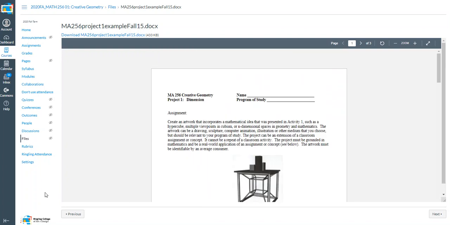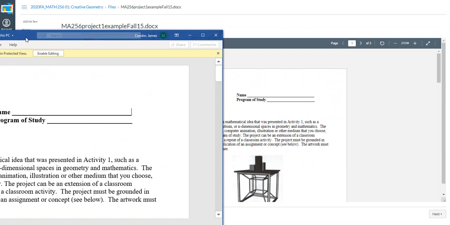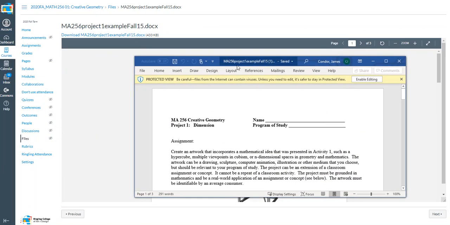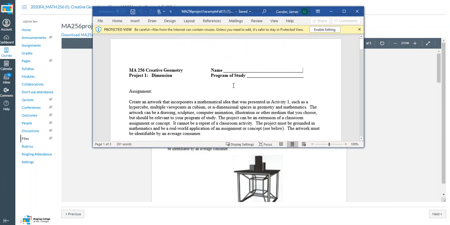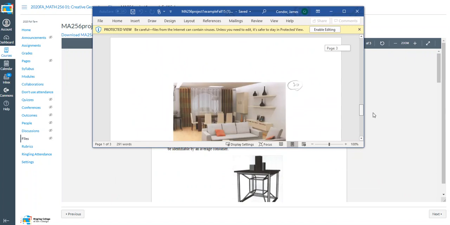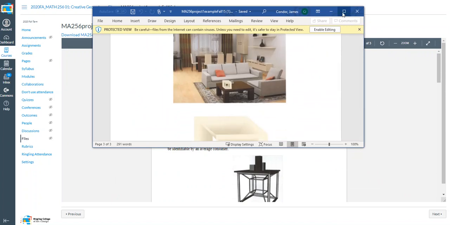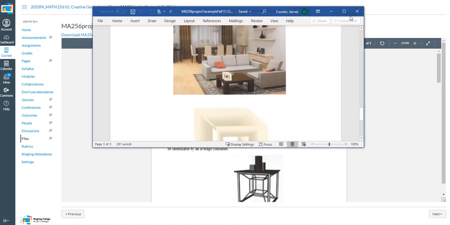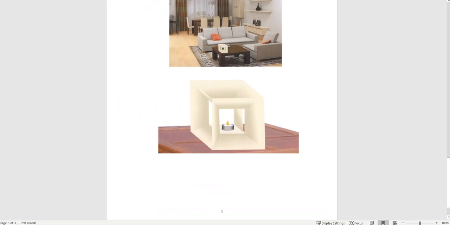All right. Okay, I have too many things open, and all right, there we go.